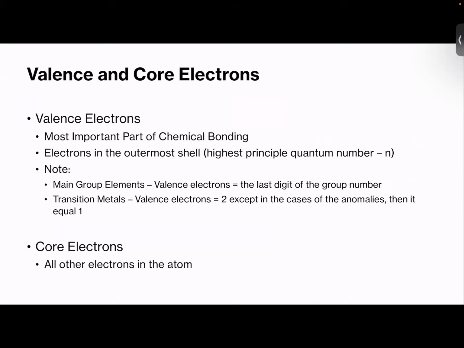If I had done nickel, there would have been the 4s2. If I were to do ruthenium, there would be the 5s2. Except for your anomalies, the number of valence electrons is 2 for all transition metals. The anomalies, there is only 1.